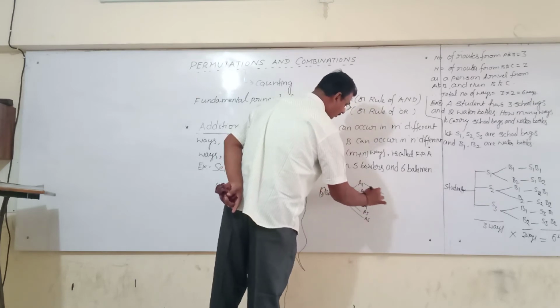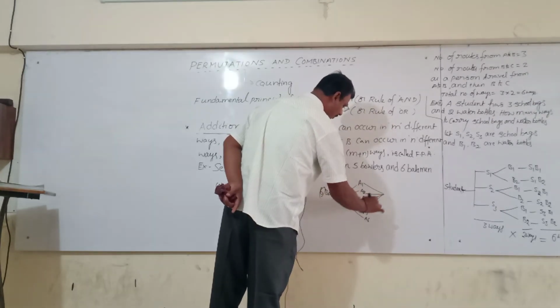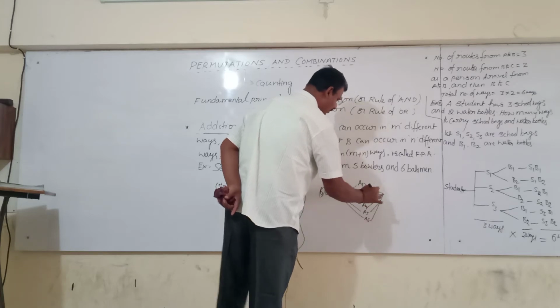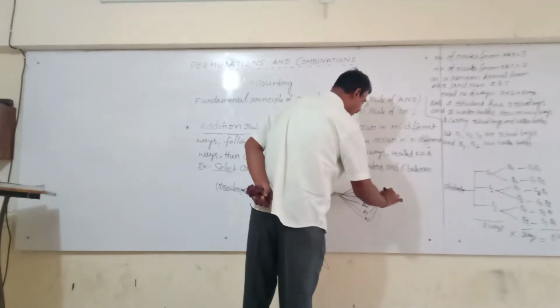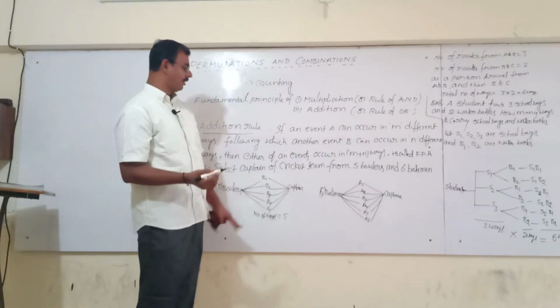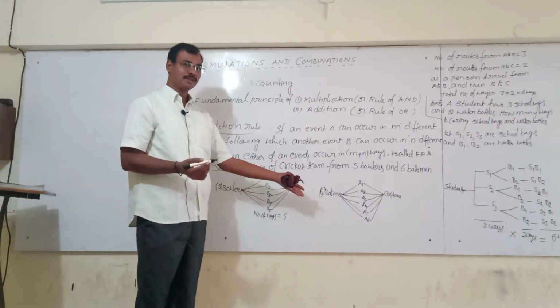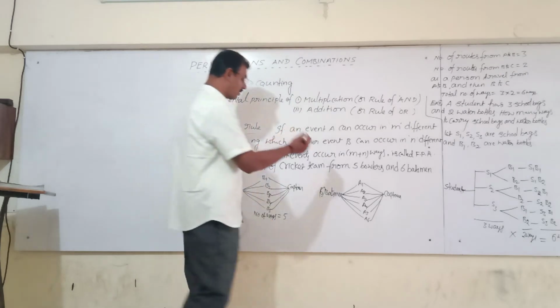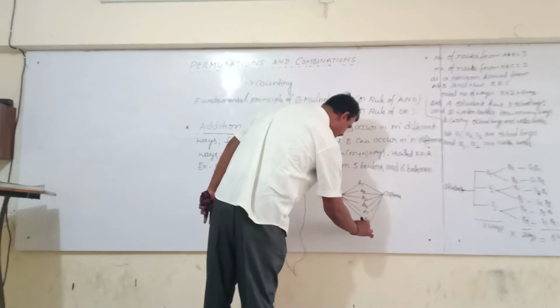We need only one captain from this. So the total number of possibilities for selecting a captain from the batsmen is 6 ways.